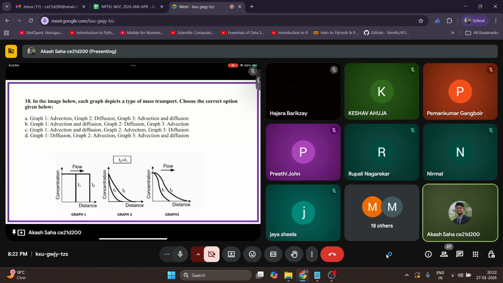Now, in the image given below, each graph depicts a type of mass transport. Choose the correct option. We have advection, diffusion, advection, and diffusion. Which of them is correct?